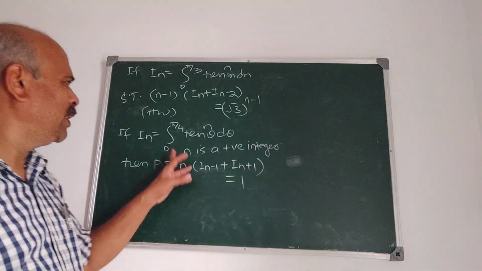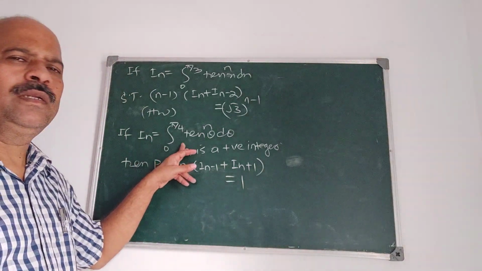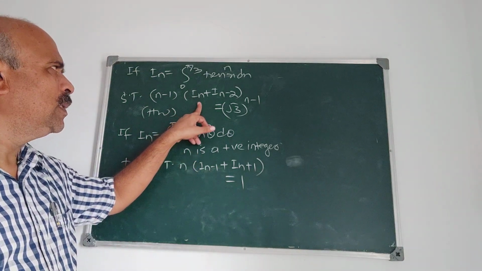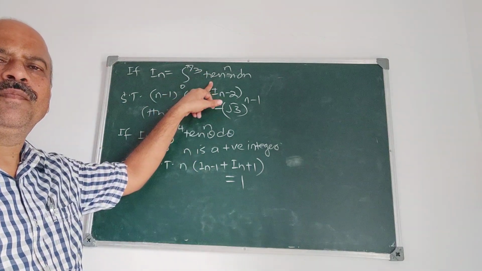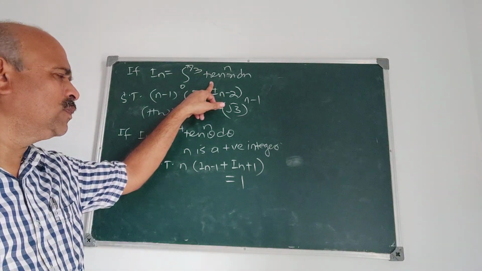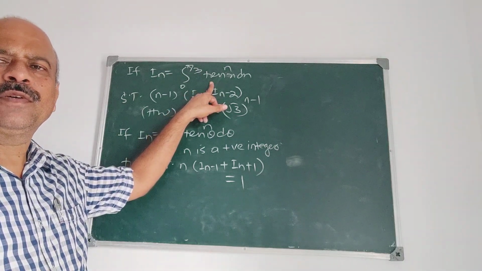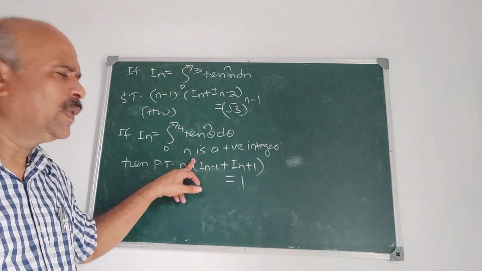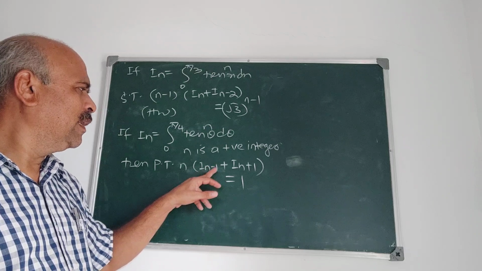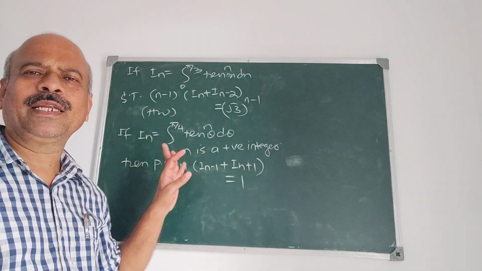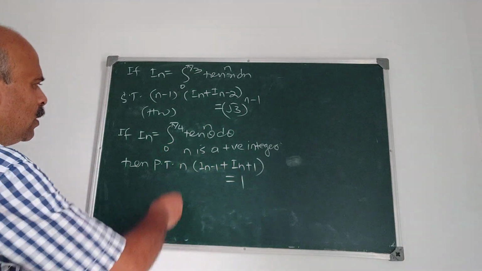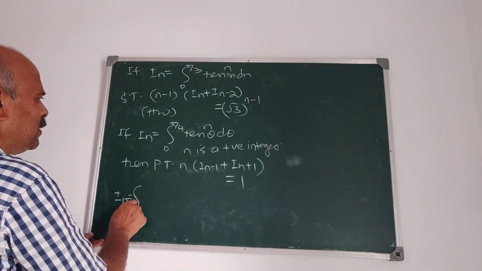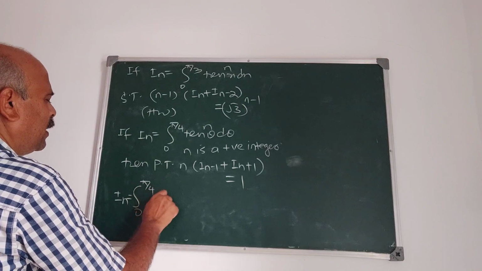Is it similar to that problem? Before this I have taken the problem 0 to pi by 4 tan x raised to n, where In plus In minus 2 is 1 upon n minus 1. It is exactly the same, but here In minus 1 and In plus 1 are connected. So you have to take In as 0 to pi by 4 tan theta raised to n.